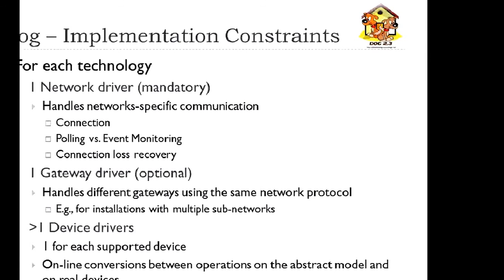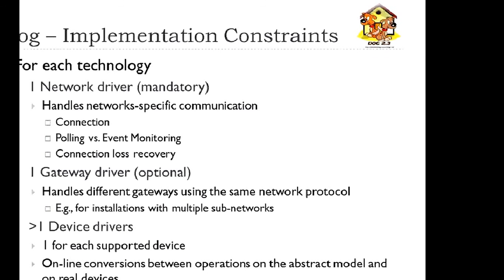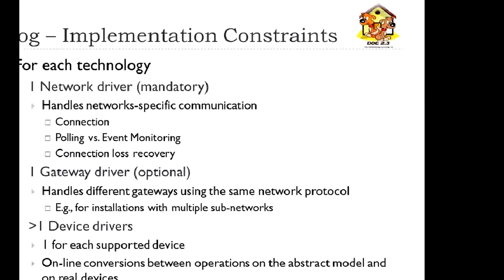That means if the network is not event-based, convert it to an event-based network, for example by polling. And it needs to handle connection losses, and all the other problems that you can have with a real network. This should always be there. It is independent from the configuration. Even if we don't have devices in the home using that technology, but we have that technology supported in DOG, then we need to have a network driver.